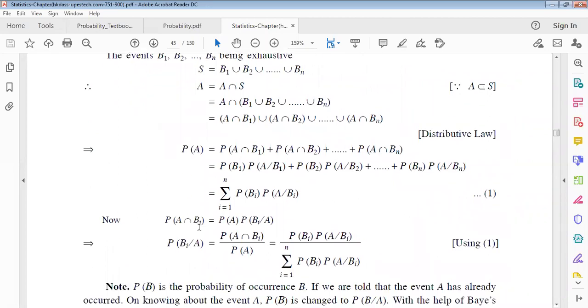Now probability of A intersection Bi equals what? From the multiplication law, probability of A into probability of Bi when A has happened, right?